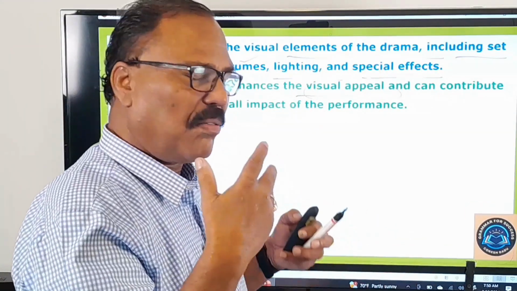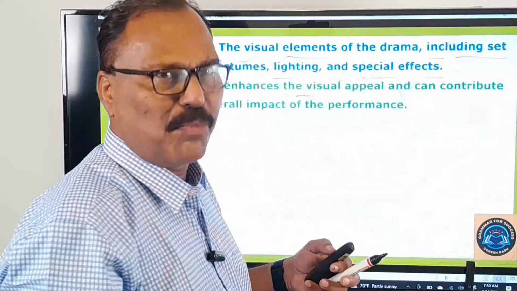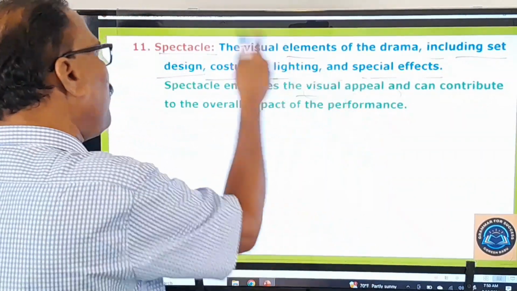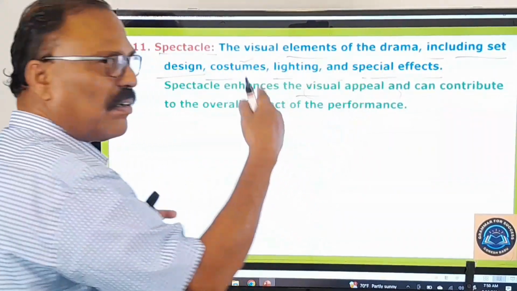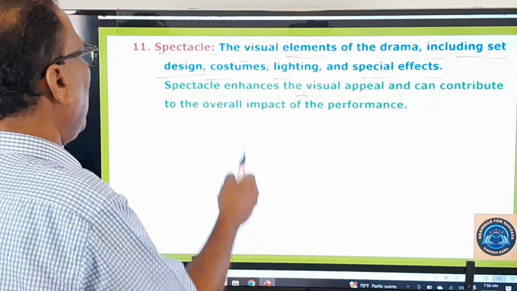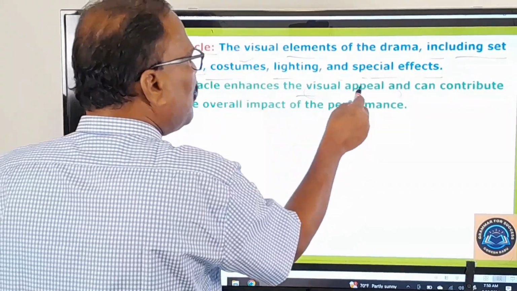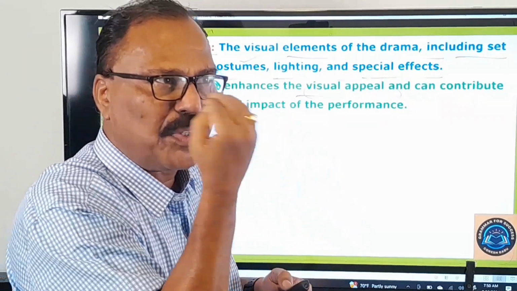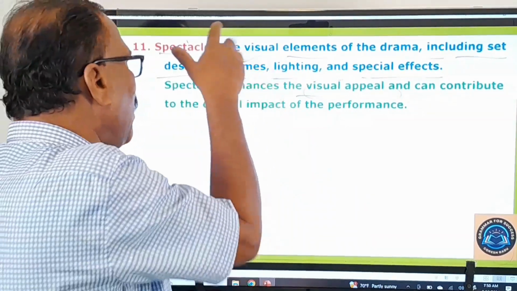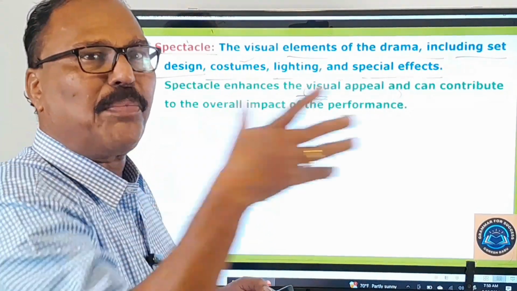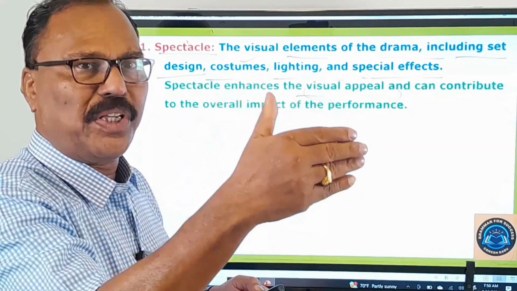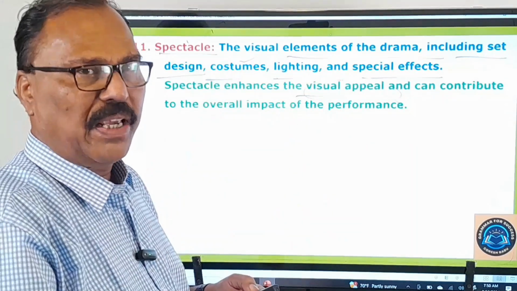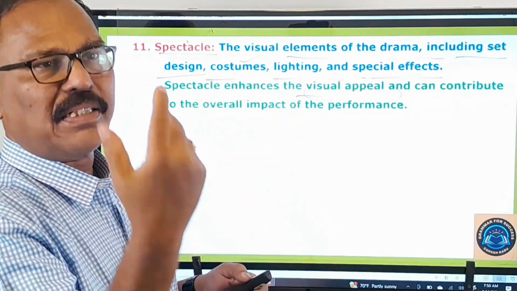Many things you imitate from the movies, because in the movies, different things are created. And with regard to spectacle, visual appeal: we are living in the visual culture. Whatever looks beautiful, we like it. This element also contributes to the progress of the story, either in that drama or in that movie.